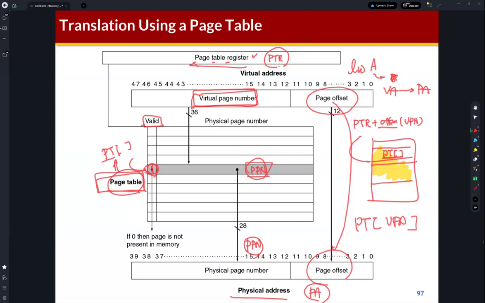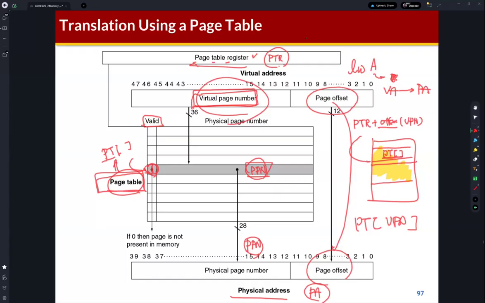I also mentioned that the size of a single page is usually 4 kilobytes, which means we can just translate the upper part of the address field. This upper part is the virtual page number, VPN.